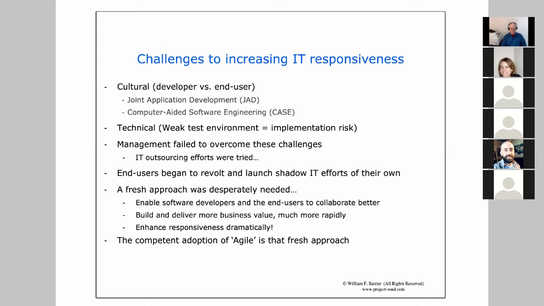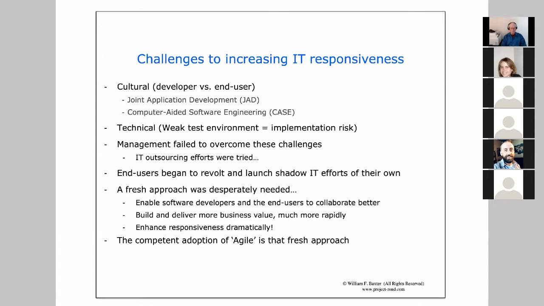And that didn't go very well either initially until people learned how to work long distances more efficiently. So you also saw end users revolt and launch shadow IT efforts where they said, "Screw our IT department. We're gonna build something ourselves," and then that creates other risks.